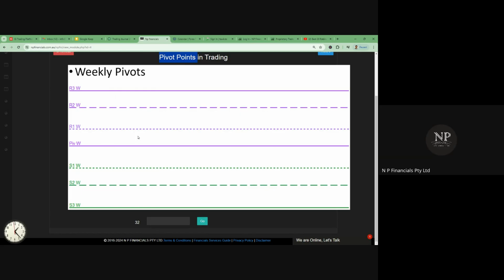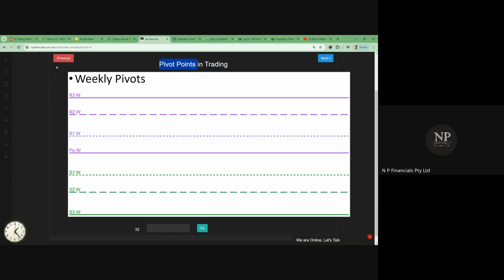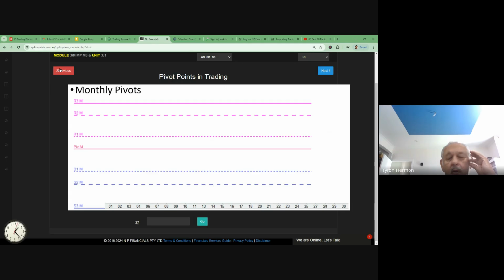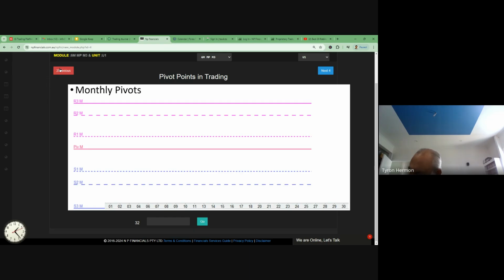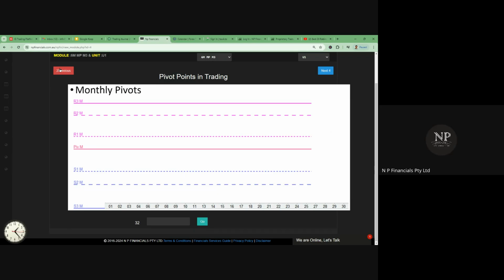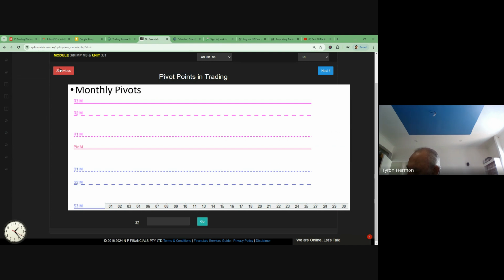Only 4 hourly, not the 12 hourly. 12 hourly will be using monthly pivots. Okay, I have to write that down then. 12 hourly, daily, 2 day will be using monthly. So a 4 hourly trade will be using weekly pivots.